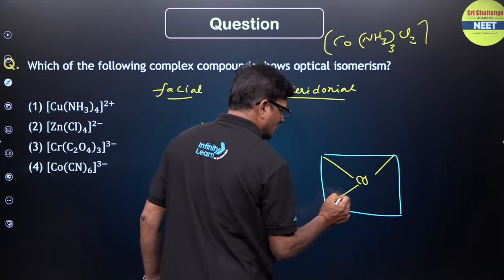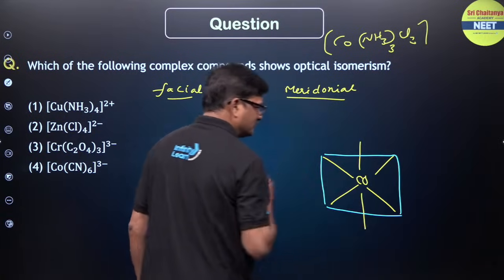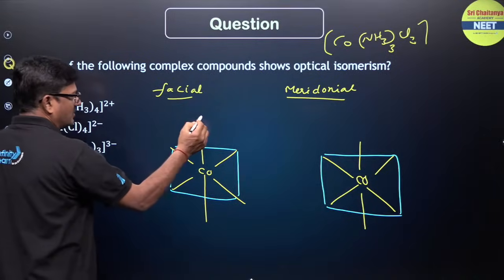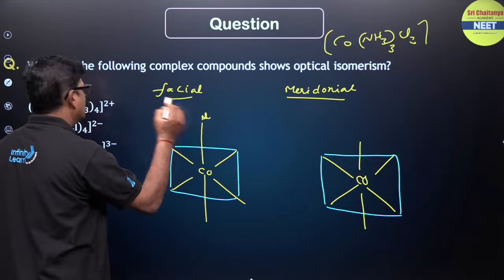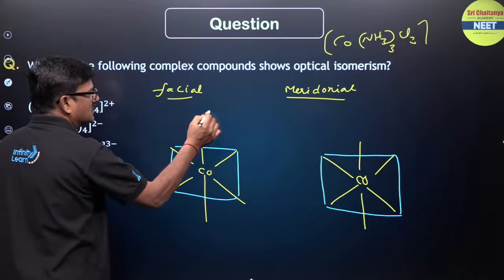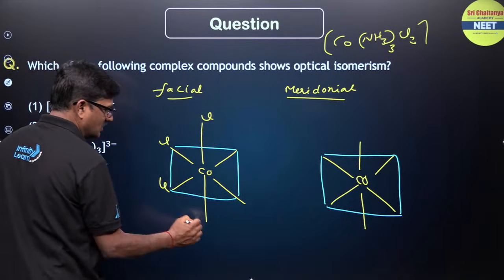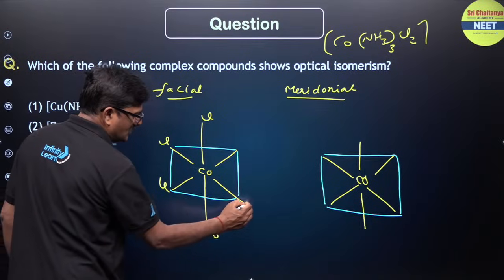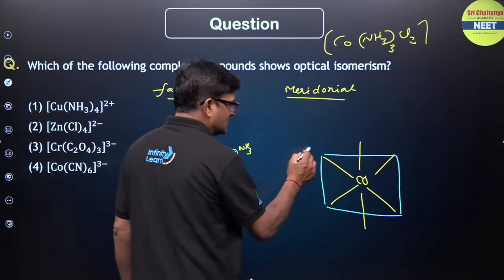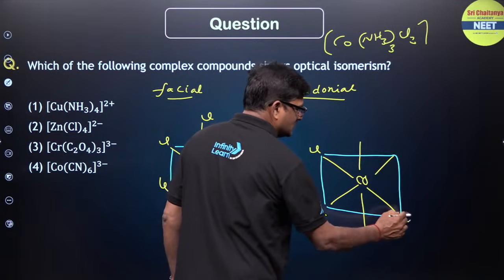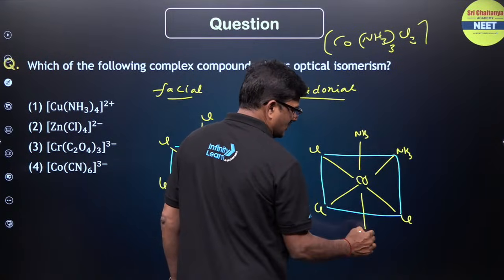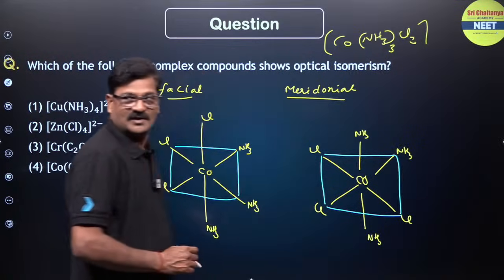You are going to see similar ligands on one side of the plane: Cl, Cl, Cl, and NH3, NH3, NH3.